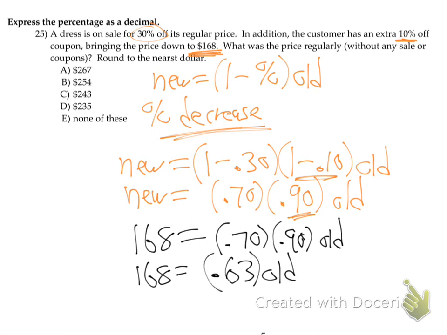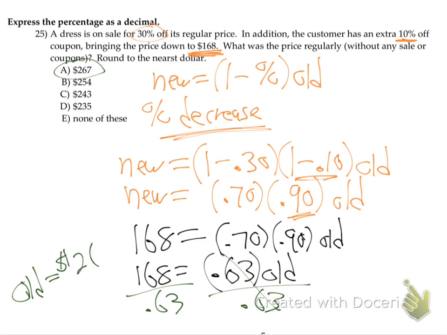How do you finish solving for old there? Just divide by the 0.63. Boom, right? So what's the number? Is it A? 200. So the old price, the price before all those discounts, must have been $267. And those two discounts brought it down. So the old price was $267.